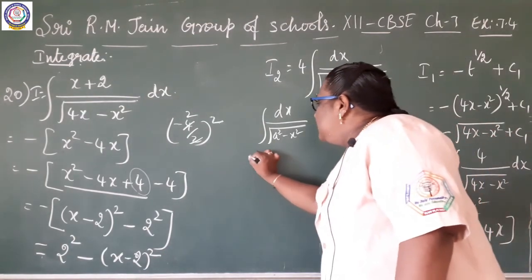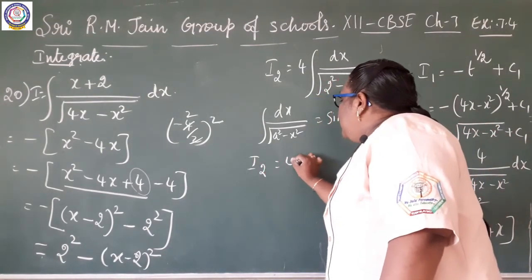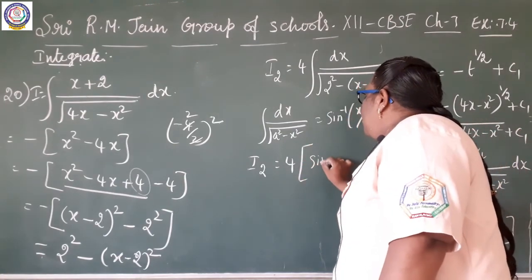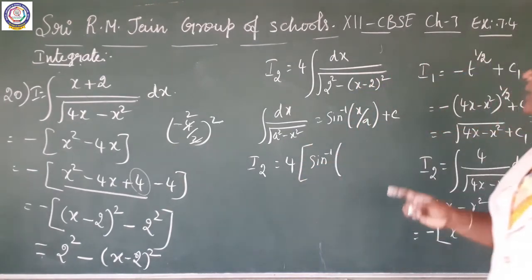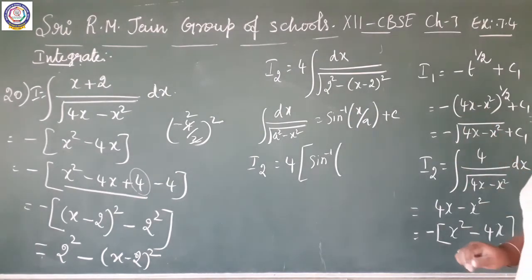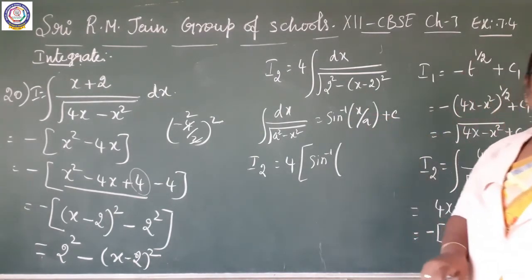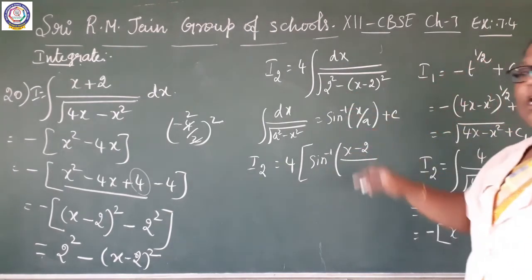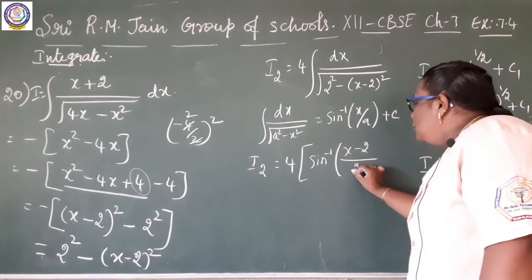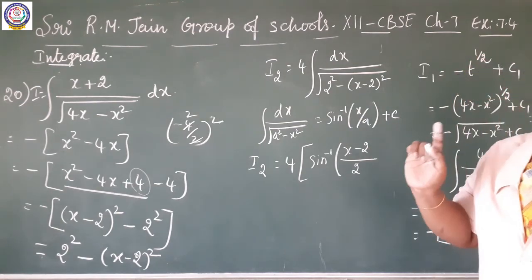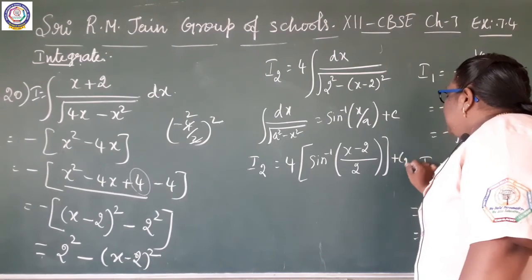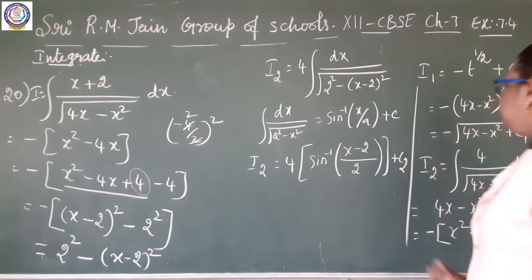So it gives I2 equal to 4 into sine inverse of, what is the value of x? x minus 2, by, what is the value of a? a square is 2 square, so a is 2, plus C2.